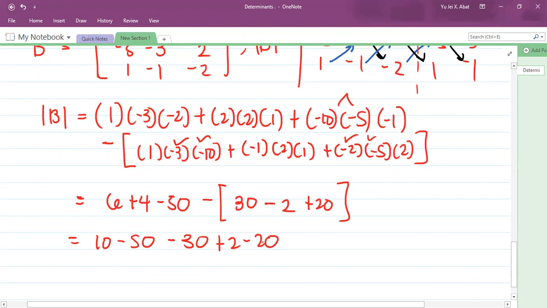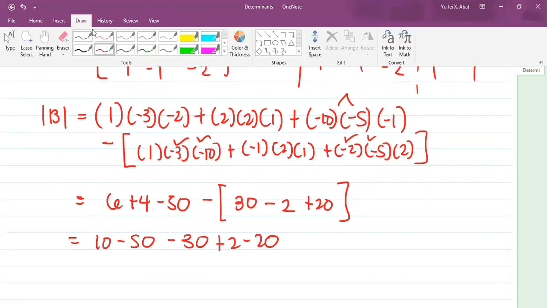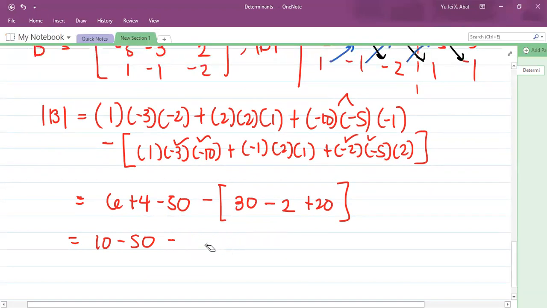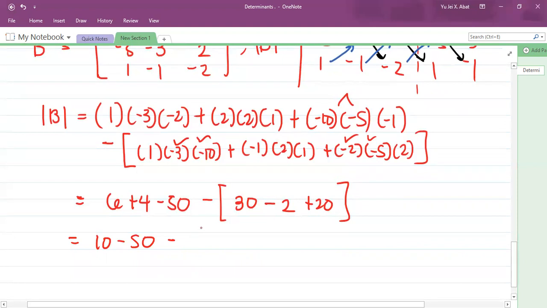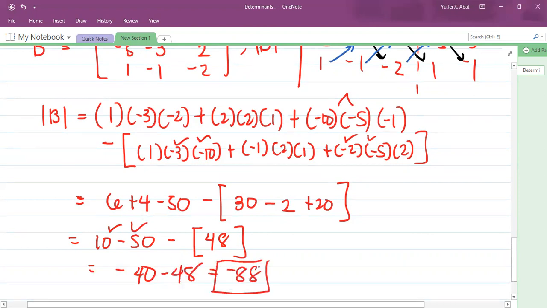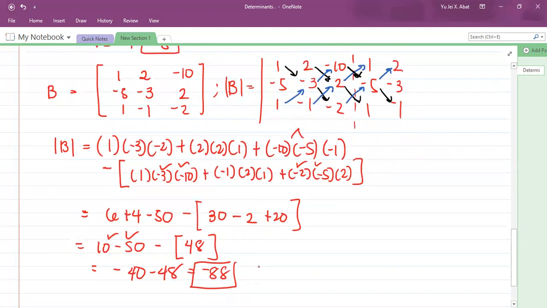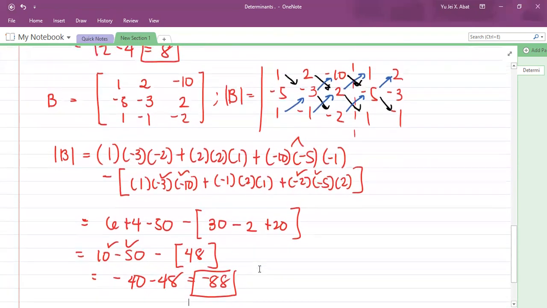Or pwede mo naman ding i-simplify muna. So you have 30 minus 2, it's 28 plus 20, 48. So you have 10 minus 50, negative 40, minus 48, that's negative 88. Correct ba, guys? Ayan.